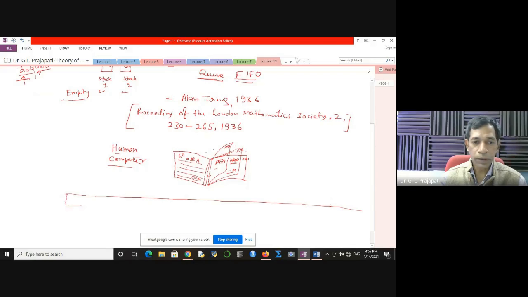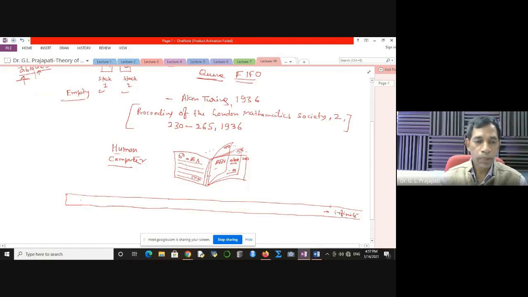And for simplicity, we can assume that the tape has a left end, and it can grow infinitely to the right side. So on the right side, possibly this can go to infinity.